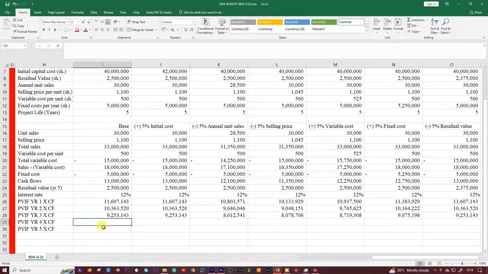So plus the cash flow over, open the brackets, 1 plus that, power 4.